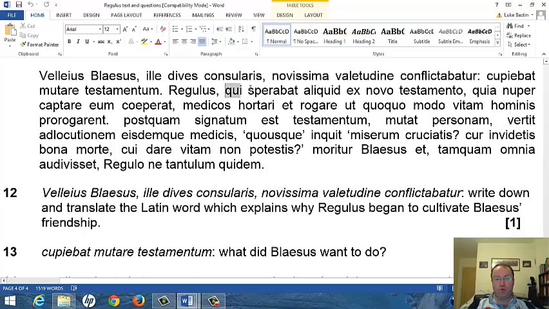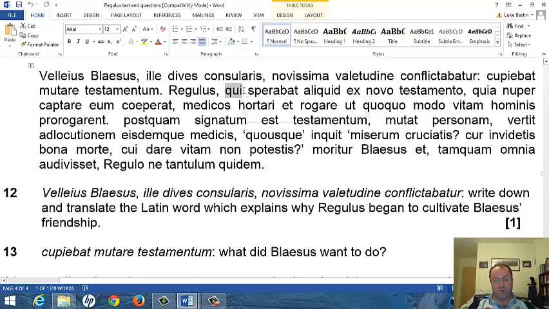Regulus, who was hoping for, now again, when you see spero, you'd normally expect to see an indirect statement, but you can just hope for something, a normal accusative. You can hope for life, you can hope for death. Probably wouldn't do that. You know, you can hope for lots of money. And here, aliquid is simply an accusative. So there's no indirect statement here.